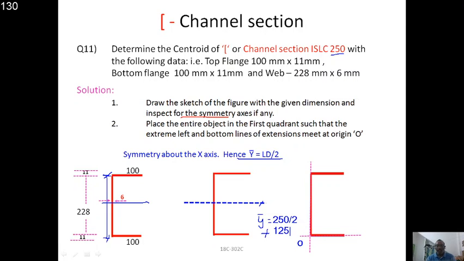So this is the way of finding the symmetrical axes, and it also gives an easy solution. They can be asked in objective questions as in ESE also. Hence, remember these procedures.